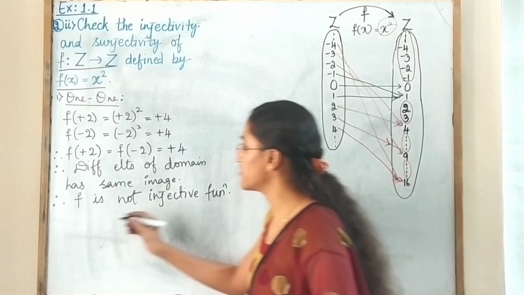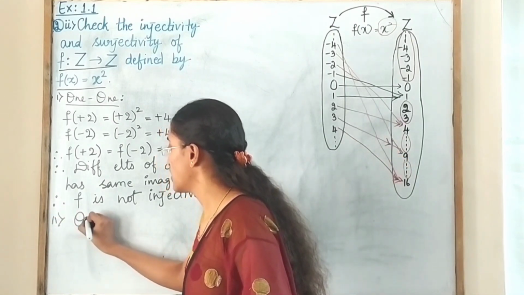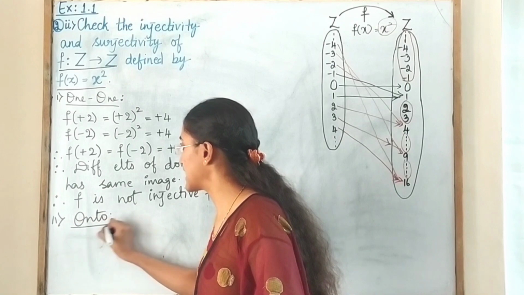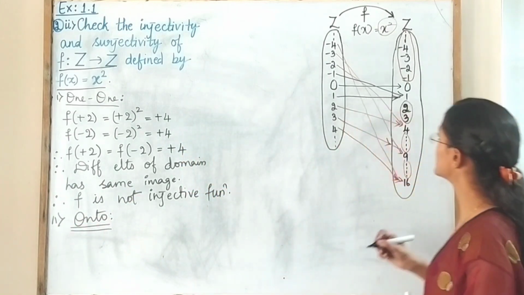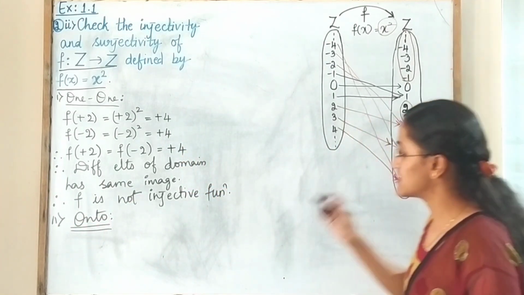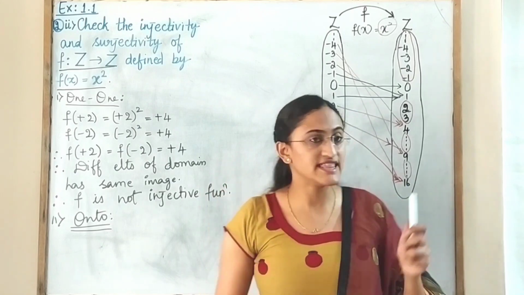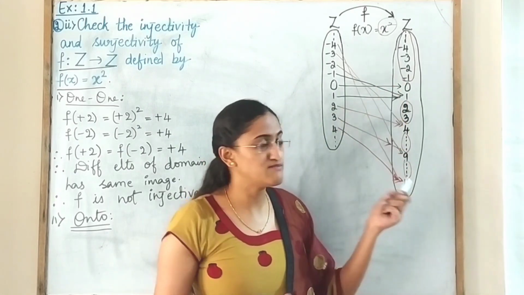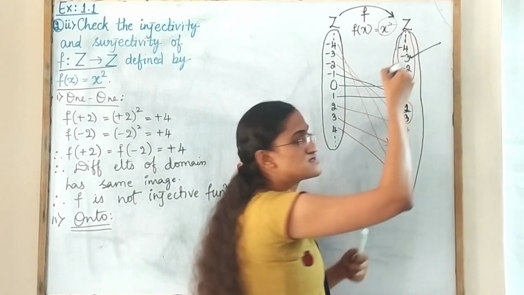Fine. Now proving for the second one, that is for the onto. Again, you can give a counter example in the same way. That is, you choose some random element in the codomain which is not mapped. I shall now choose minus 3.